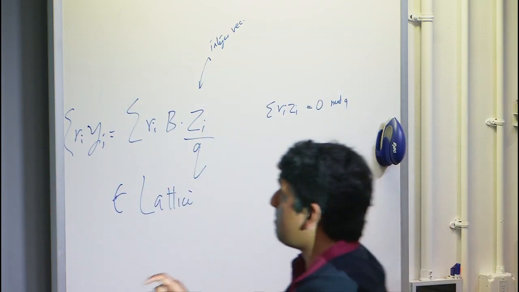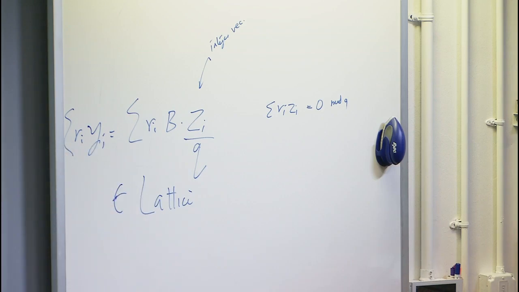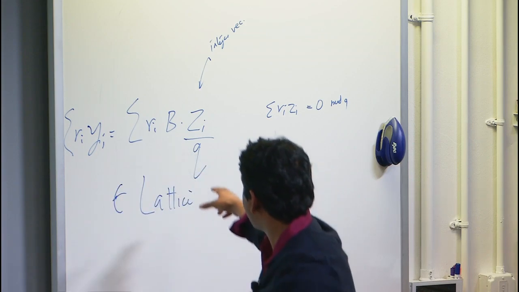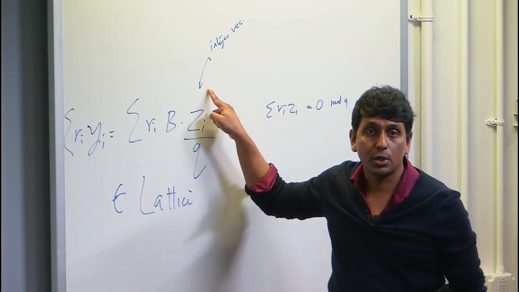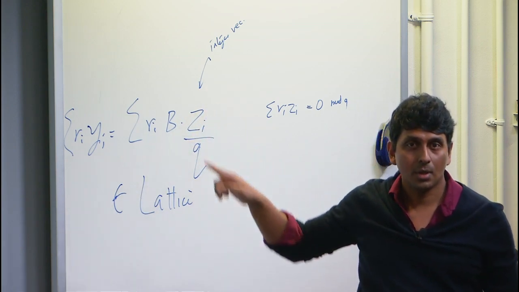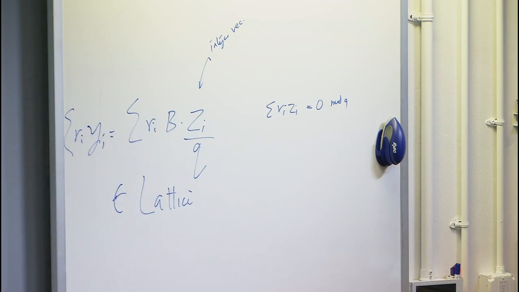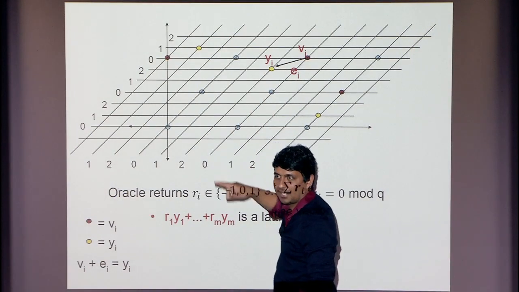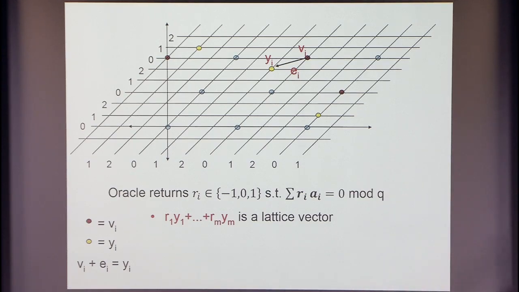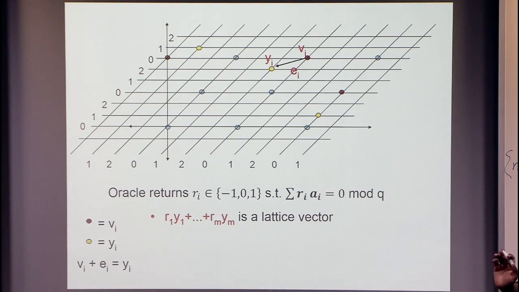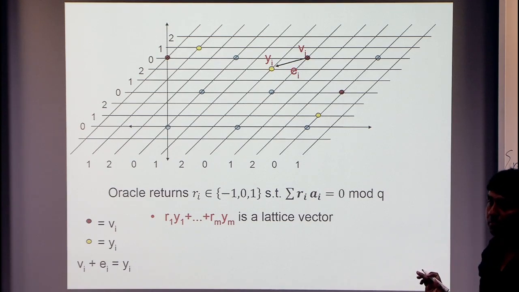And now I claim that because this Yi lives in this subdivision of the parallelepiped, this something, B times that something, is a multiple of 1 over Q. That's how I actually construct it. So this is like 1/3, 2/3, and so forth. So the claim is that this is Yi, and when I write it in the basis of B, the coefficient is a multiple of 1 over Q. That's all I did.